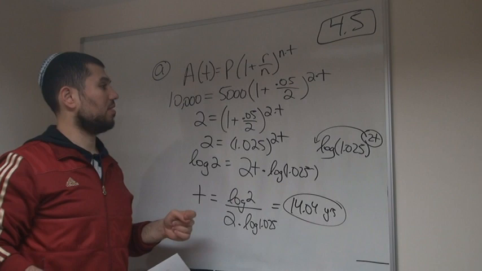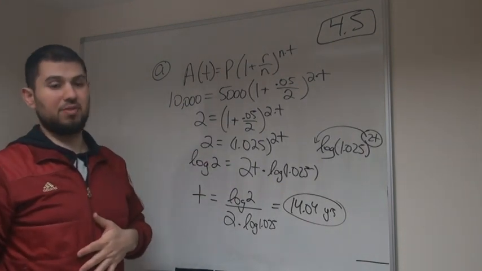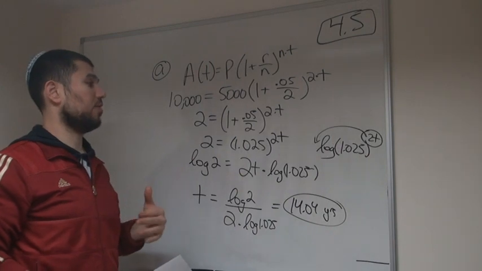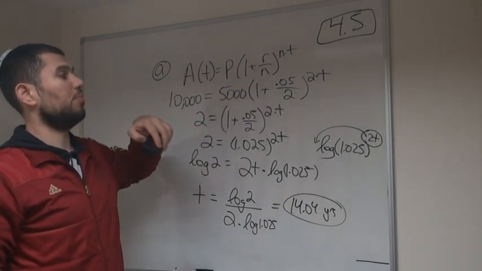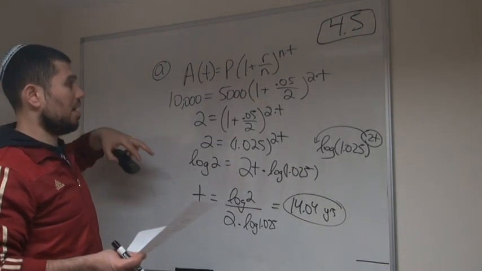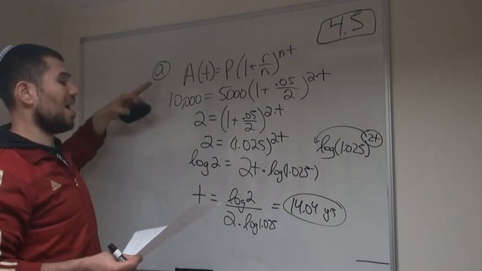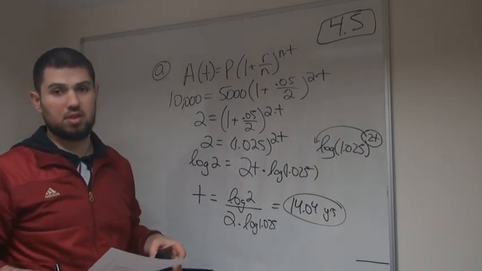If you have an account that you're aware of that will pay you 5% interest compounded over 6 month periods, 5% a year broken into twice a year payments. That's part A. Part B says, what happens to this whole analysis if interest is compounded continuously?